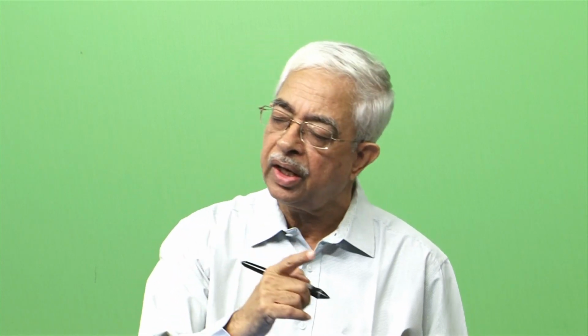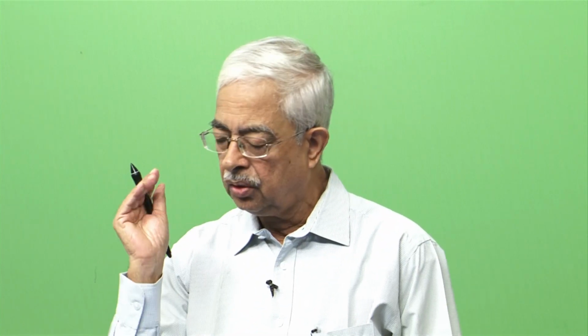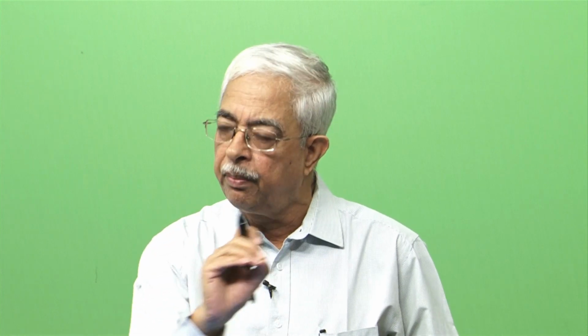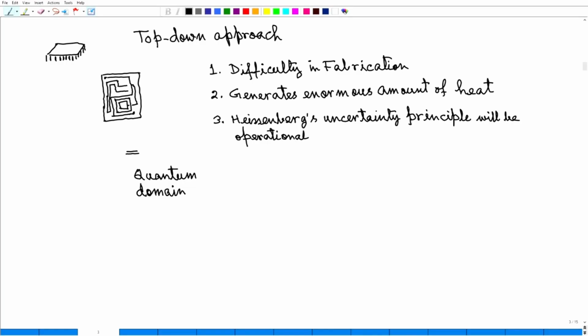If we know one accurately, the other one we will not be able to know accurately. So there is uncertainty about the movement of electrons, and that is Heisenberg's uncertainty principle.